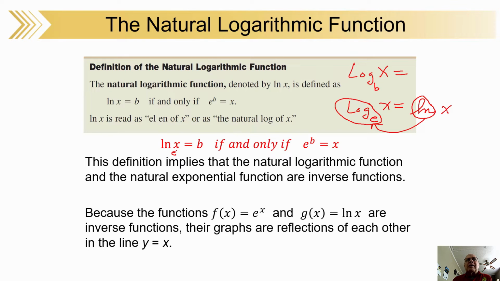What exponent does e need to give you x? This is equivalent to this, because it's got that special base e. B is the exponent, because logarithms are exponents, and x is the number you get if you take e to that power.